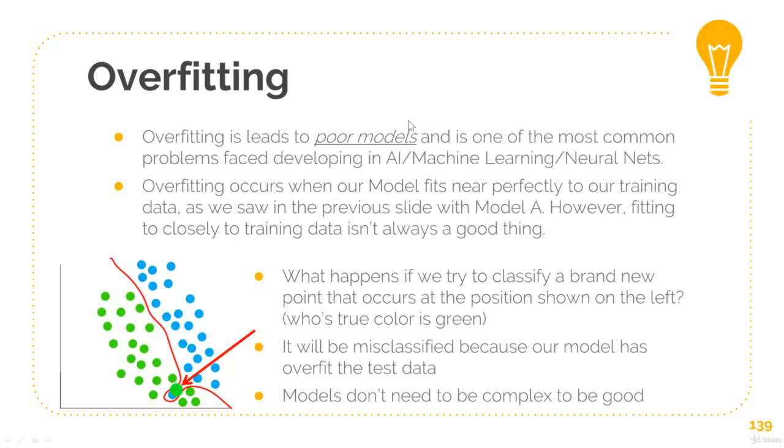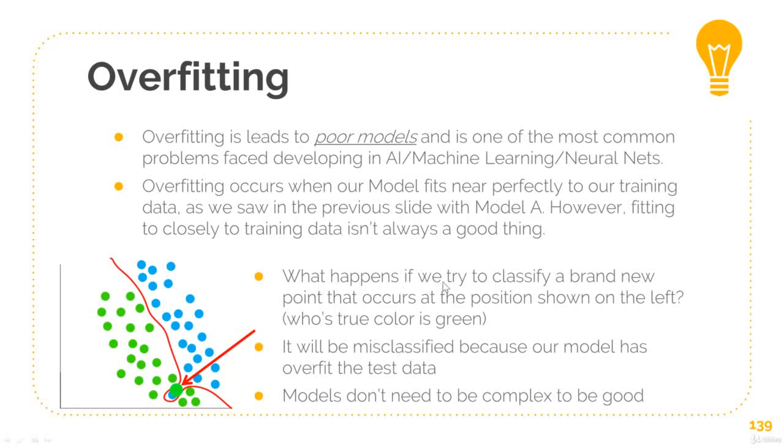But what it means basically is that our model fits near perfectly to our training data, as in it has very high accuracy on the data it was trained on, maybe even high 90s or 99.9 something. However, on the test data set, which is the unseen data, it is going to perform poorly because it's now basically modeled after the training data but can't generalize well to data it hasn't seen.